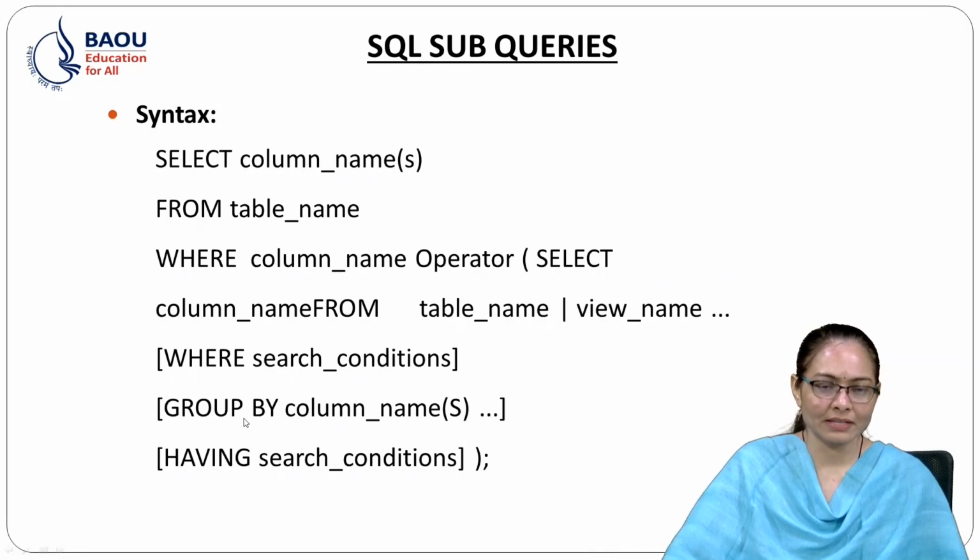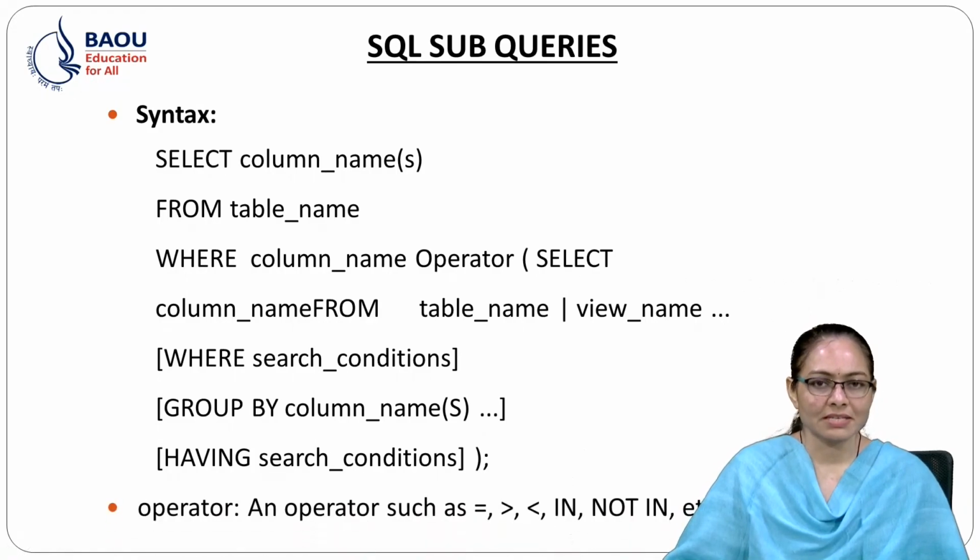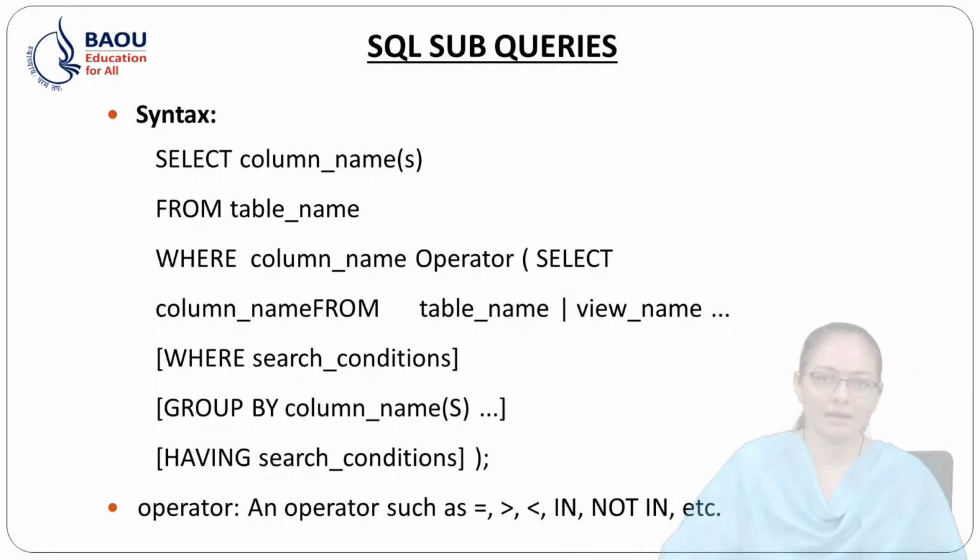Where condition, then group by, then having. Here in the syntax, the select statement is called the outer query, and the one in the round brackets is the inner query. Operators such as equal to, less than, greater than, in, not in are all used here, in the where condition.